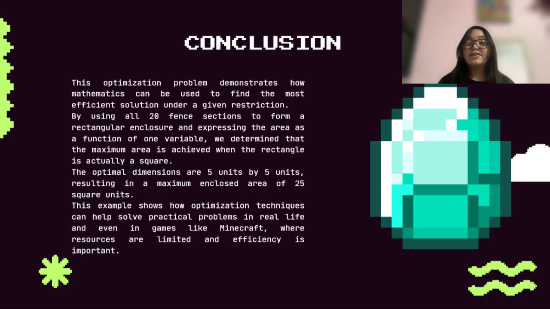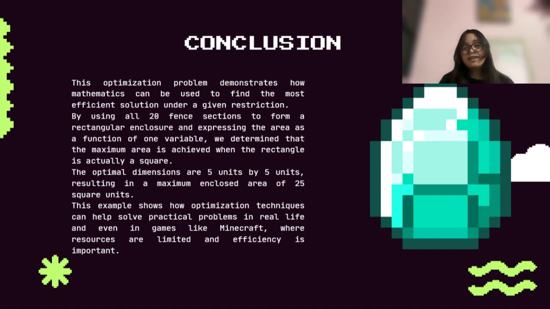In this case, the restriction was having only 20 fence sections available, using the perimeter condition 2L plus 2W equals 20. We express the area using only one variable and obtain the function A of L equals 10L minus L squared. Since this is a quadratic function that opens downwards, it has a maximum value.